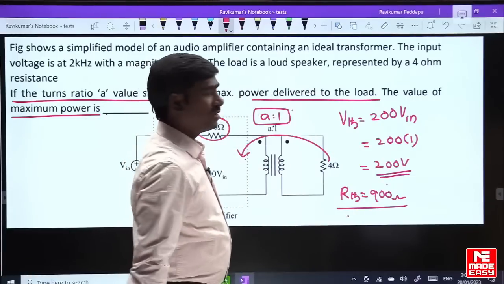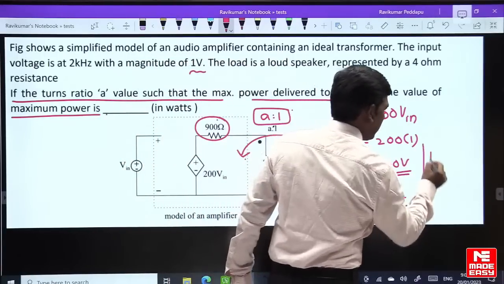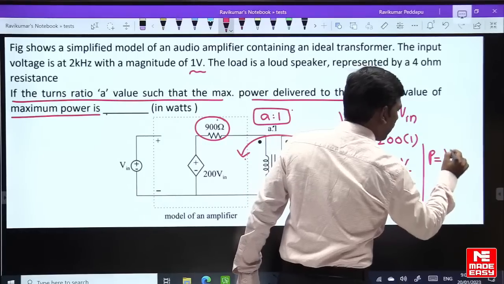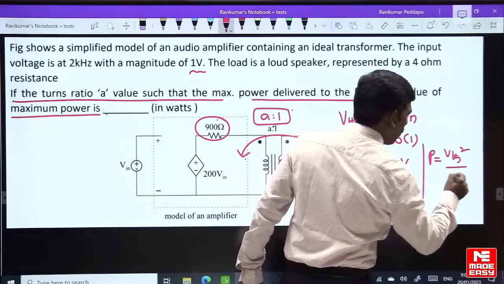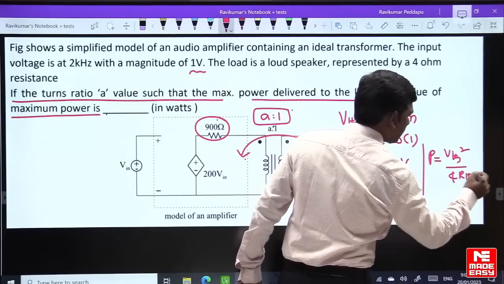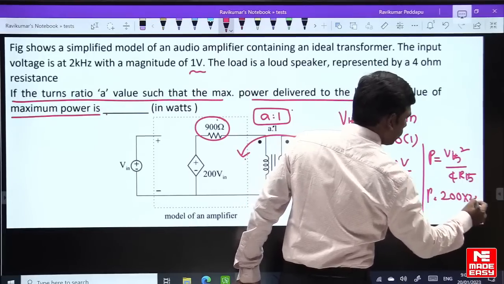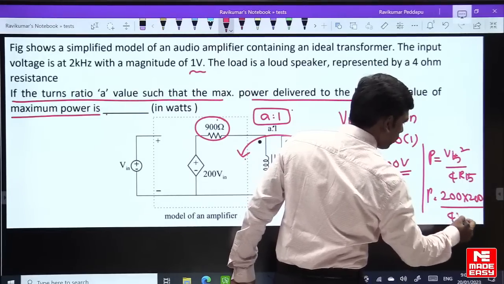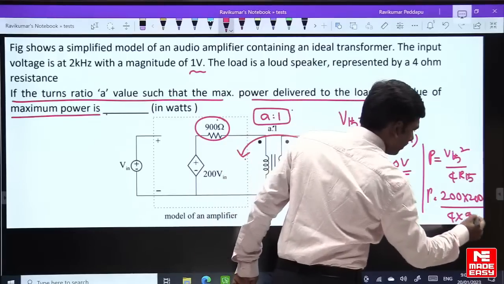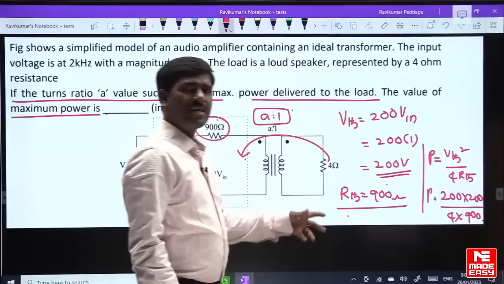So what is the formula for power? P is equal to VTH square by 4 RTH. So P is equal to 200 into 200 by 4 into 900. This gives the answer now.